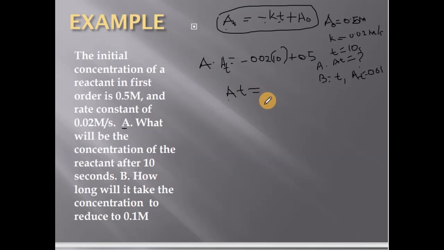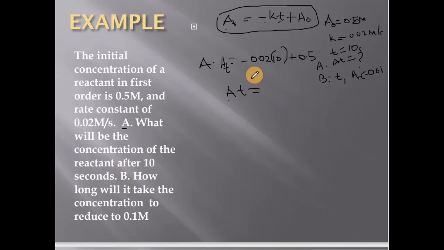So we have 0.02 times 10, and that is 0.2, so minus 0.2, then plus 0.5, and that gives us 0.3.